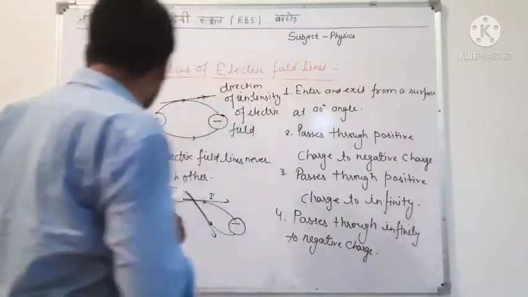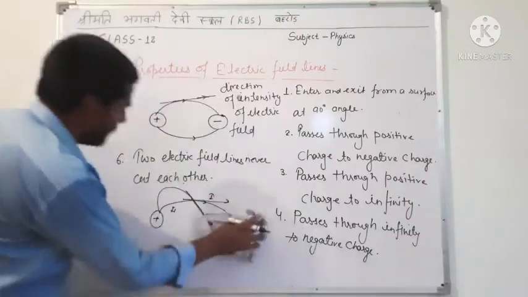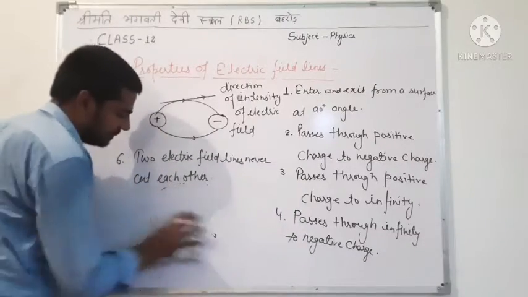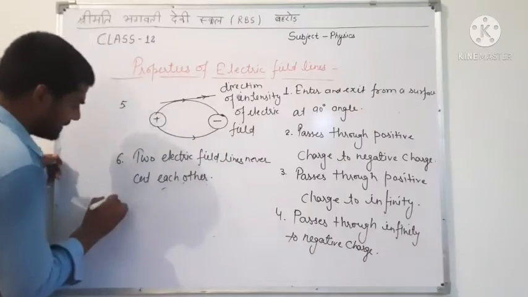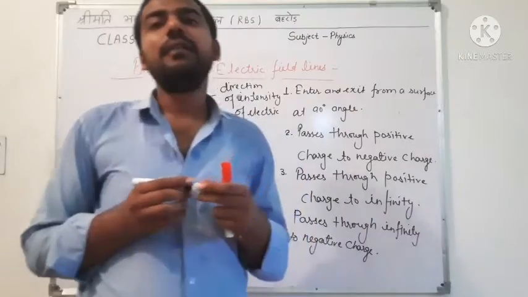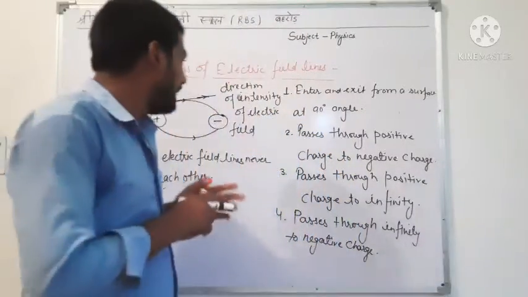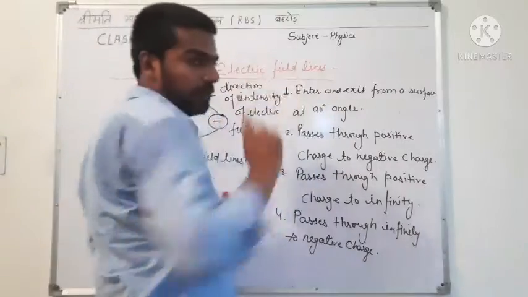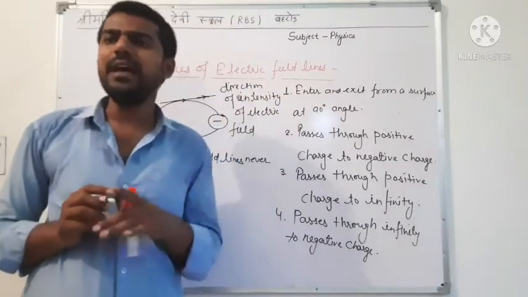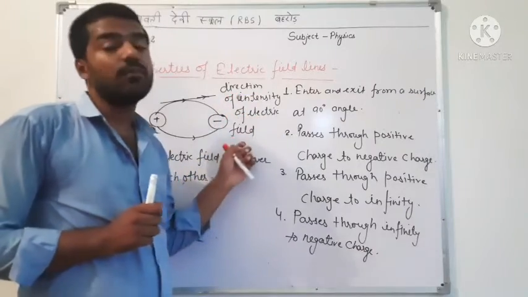The other property of electric field lines, the seventh property, is that if at a point or in an area the electric field lines are more, then at this point the intensity of electric field is more.